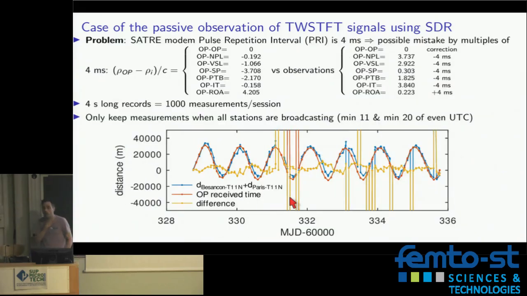And SATRA was definitely not designed for passive time transfer, because the pulse repetition interval in radar, as we call it, is the longest unambiguous path to a target. And the faster you send pulses, the more ambiguity you have. And in the case of the SATRA modem, TimeTech decided to have 4 millisecond long pulses or code length, and the signal takes 260 milliseconds to go from ground to satellite and back to ground.